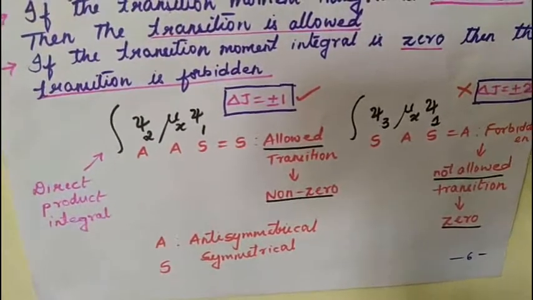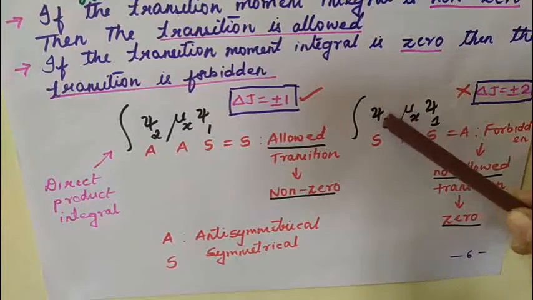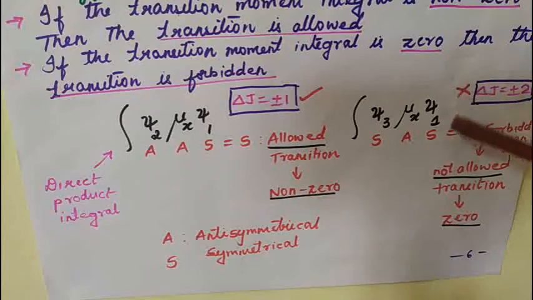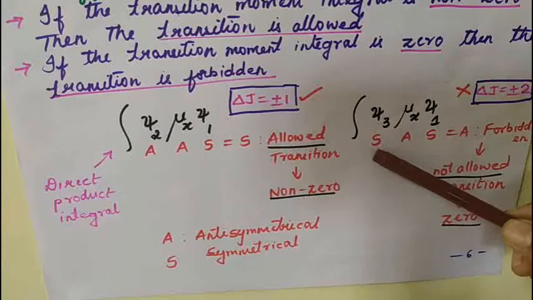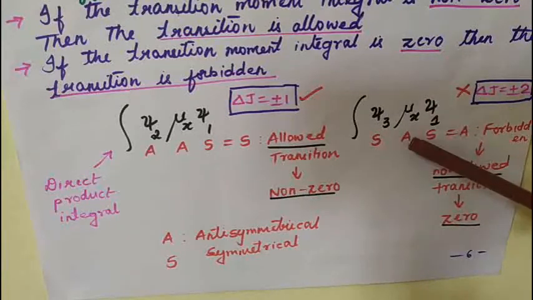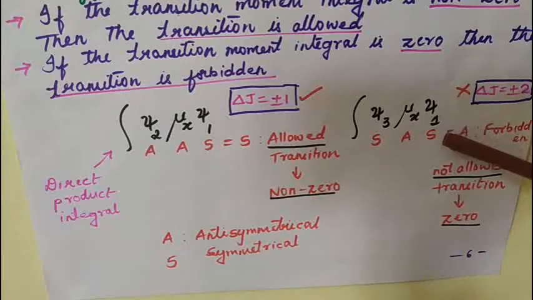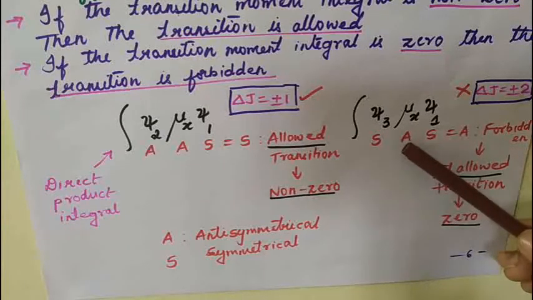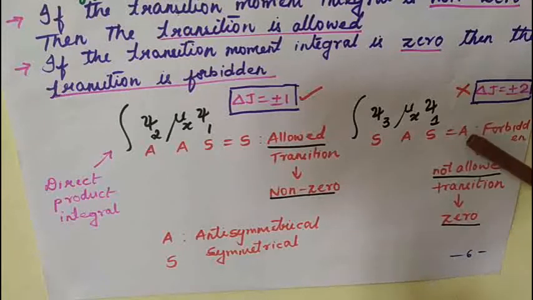Now in the second case, let us consider this integral. Psi subscript 3 is the final rotational energy state, and psi subscript 1 is the initial energy state. Psi subscript 3 is symmetrical, S stands for symmetrical, mu subscript x is antisymmetrical, A stands for antisymmetrical, and psi subscript 1 is symmetrical. Multiplying, symmetry times antisymmetry is always antisymmetry, and antisymmetry times symmetry is antisymmetry.